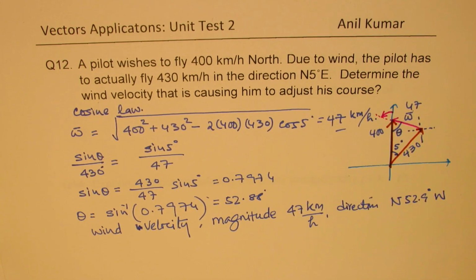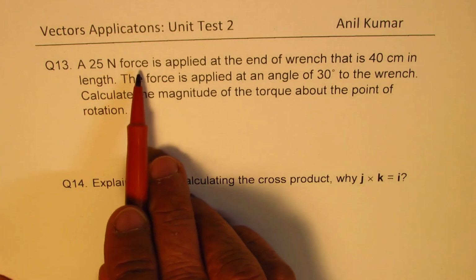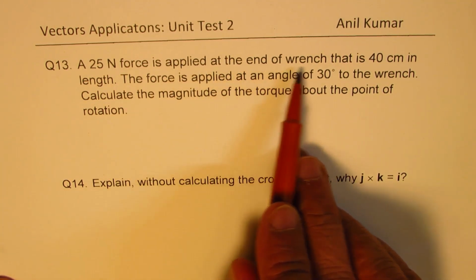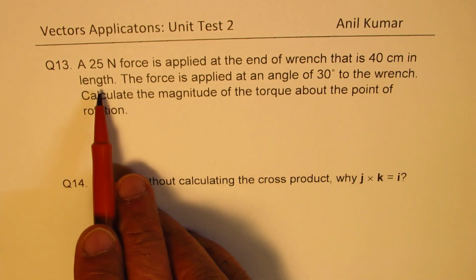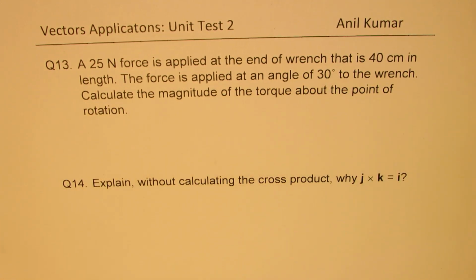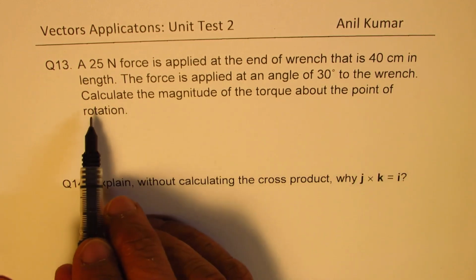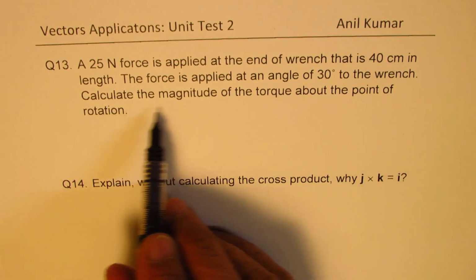Now let's take the next question, which is question number 13, and the last will be question number 14. Okay. A 25 Newton force is applied at the end of a wrench that is 40 centimeters in length. The force is applied at an angle of 30 degrees to the wrench, right? So calculate the magnitude of the torque about the point of rotation.